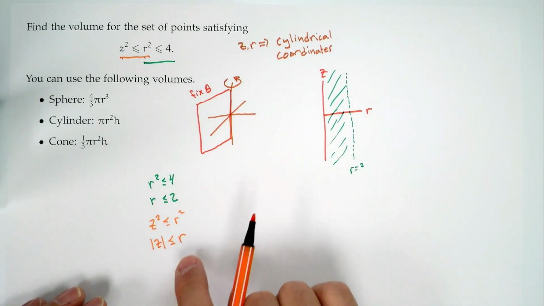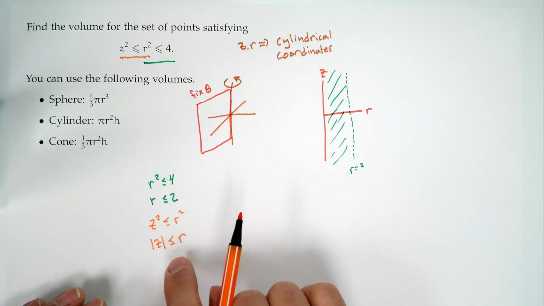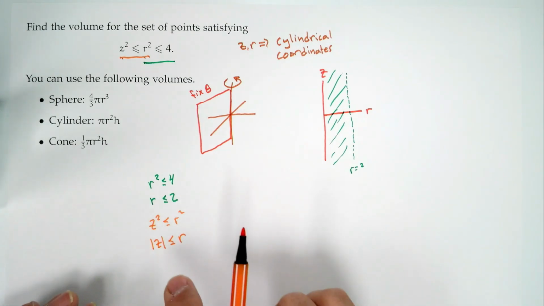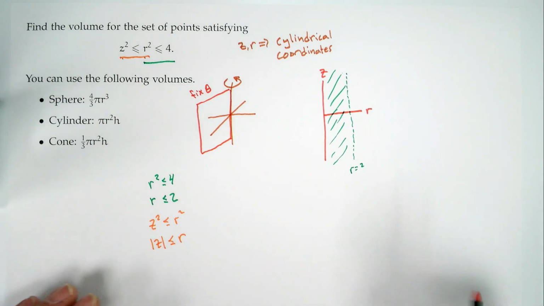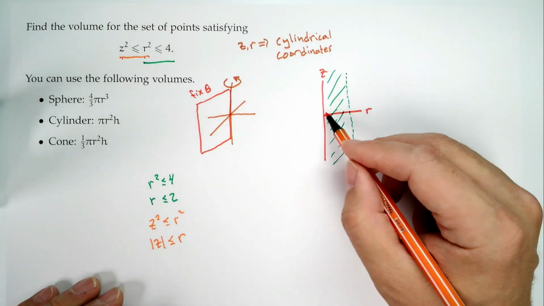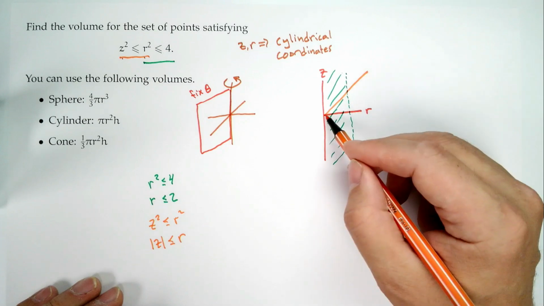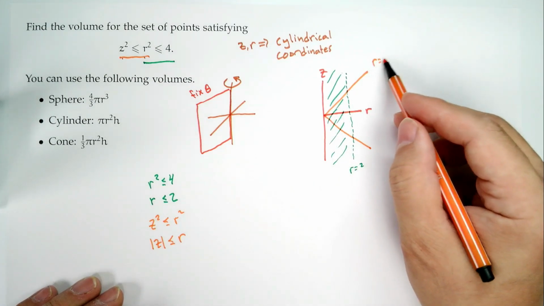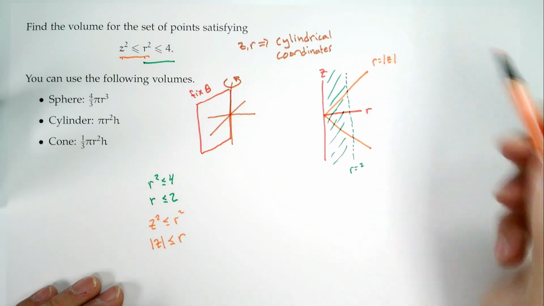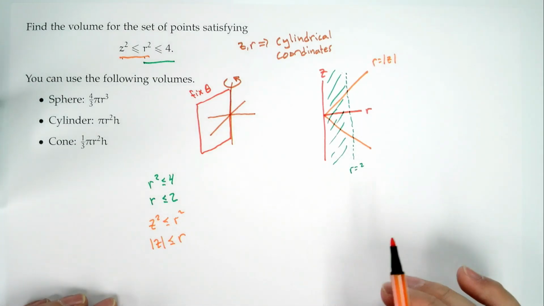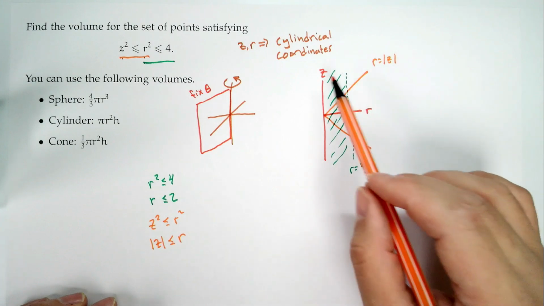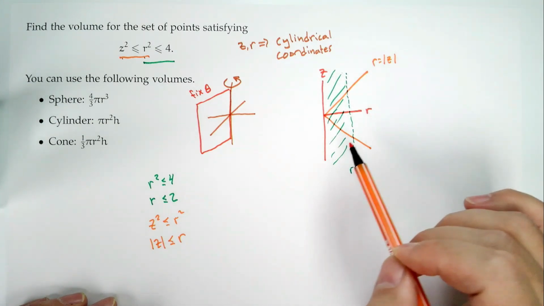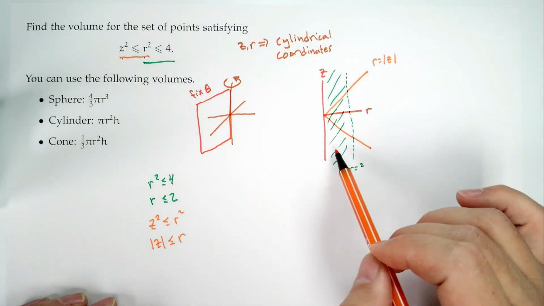Now if you were to graph this, oftentimes you say, look, don't worry about the inequality, think about the equality. r equals the absolute value of z. Well, that would be a V turned sideways. So we see this V shape here. This is r equals absolute value of z. Now the question is, where do we fit in? Because there are three parts that we could be.